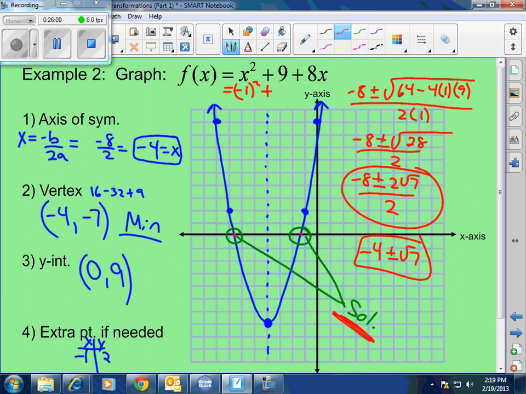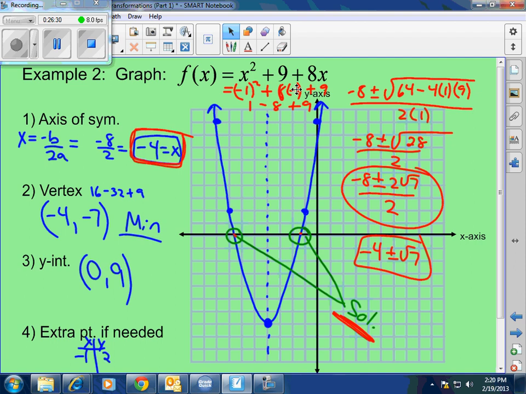Negative 1 squared plus 8 times negative 1 plus 9. 1 minus 8 plus 9. That's 2. Okay? Yes, you can plug in any number. Except, why would you not plug in negative 4? Because that's already the vertex.